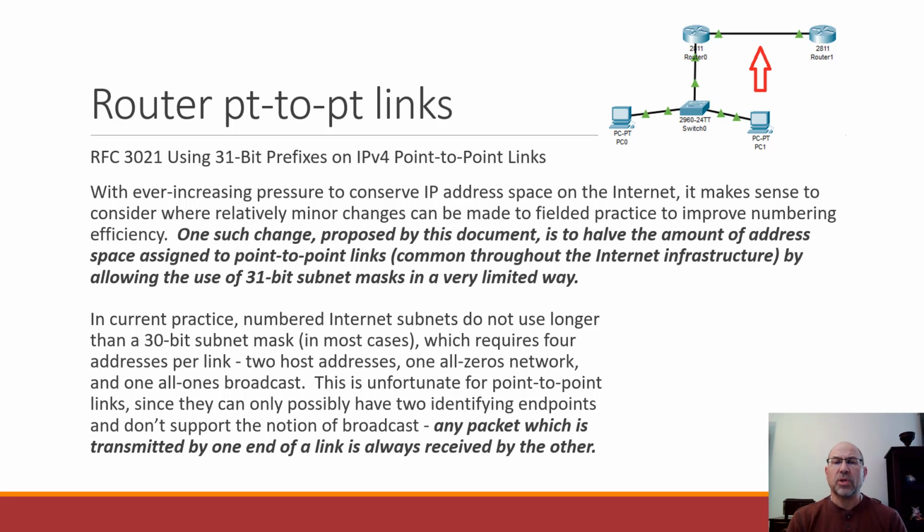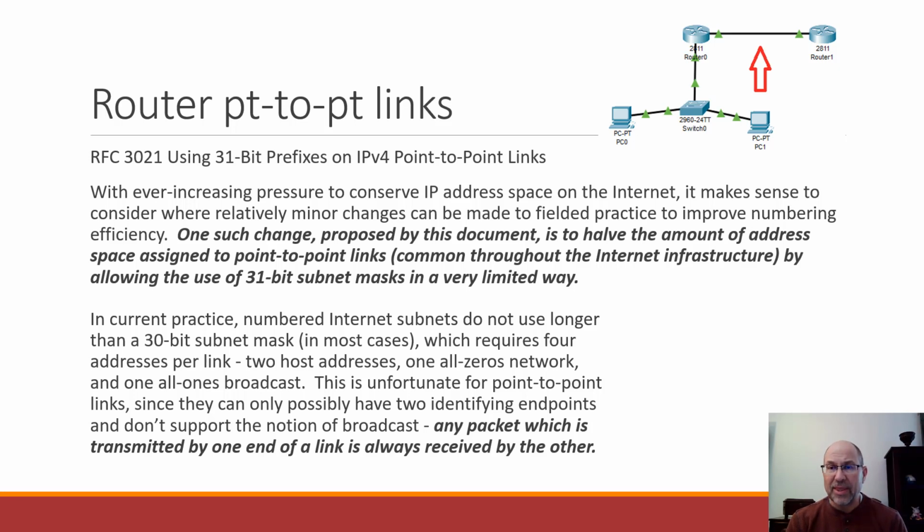To quote a little bit from the RFC, one such change to conserve address space, proposed by this document, is to reduce the amount of address space assigned to point-to-point links. Remember that we were talking about /30s, which gives us 4 addresses, and that would be the smallest subnet that you could create. But if you don't have any hosts, you could argue that that's wasted space. So can we use /31s?